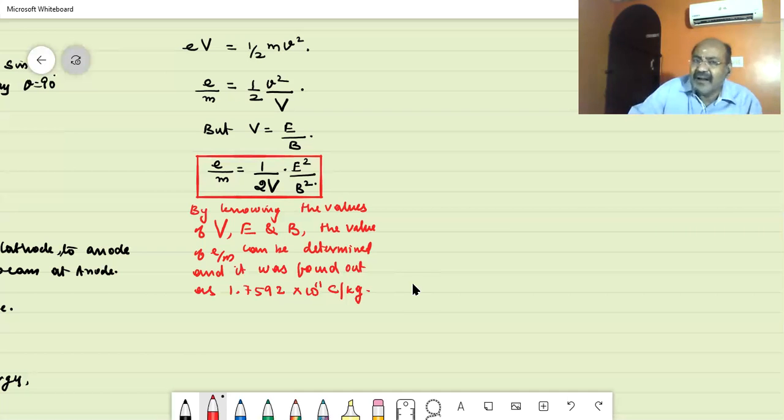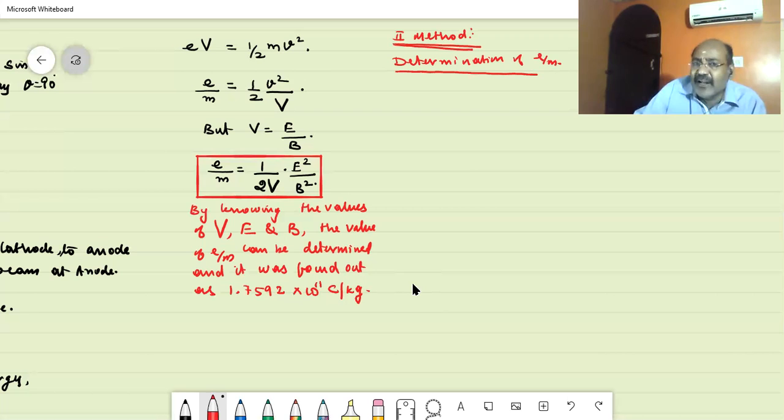Let us move on to the second method by which we can determine the e by m. So second method in determination of e by m. How can you determine the value of e by m by some other method?